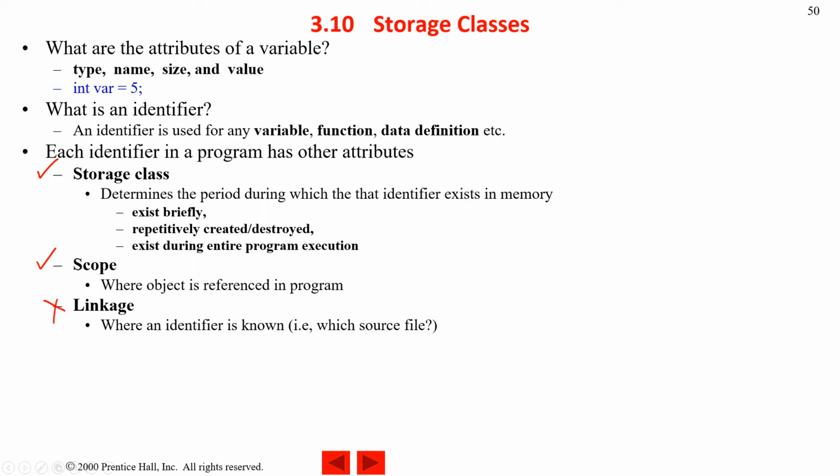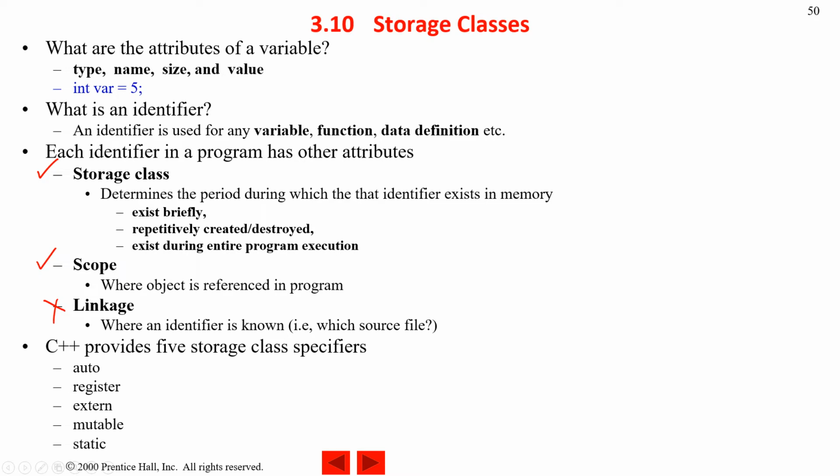The storage class means for how long a variable will exist. Is it going to exist for the duration of the whole program? Is it repeatedly created and destroyed, or does it only exist briefly? For instance, for this variable var, how long does it exist?